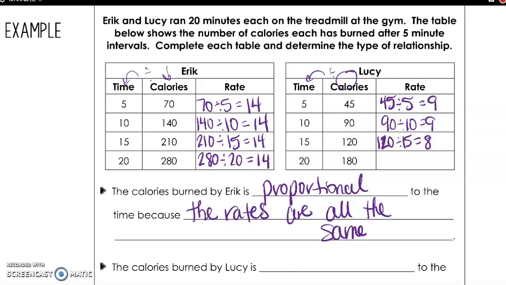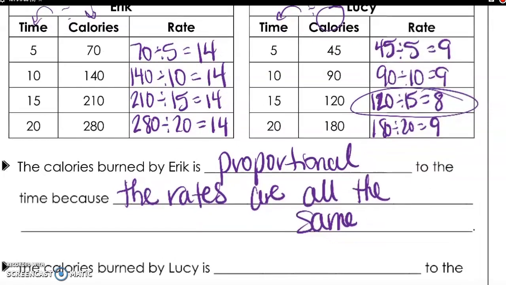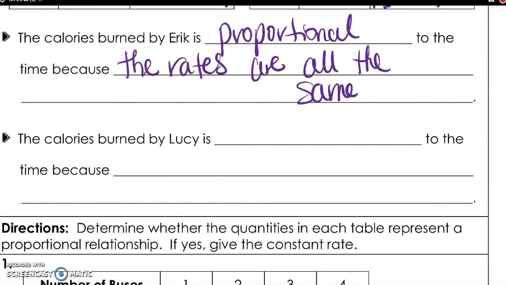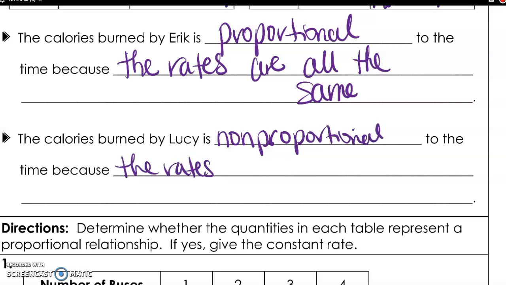All right, I'm going to go ahead and write it out here just because 180 divided by 20 is also 9, but that really doesn't matter. As soon as you have one that doesn't match, you do not need to check anymore. So we would say the calories burned by Lucy is non-proportional because the rates are not all the same.